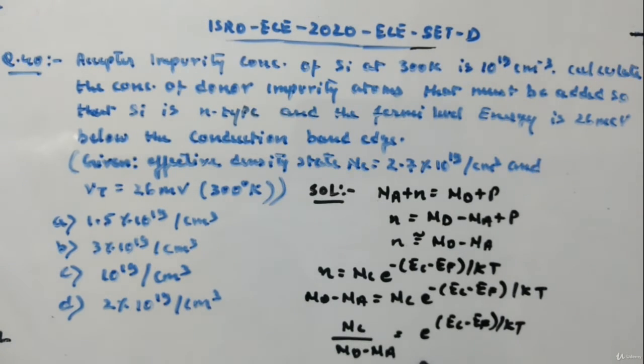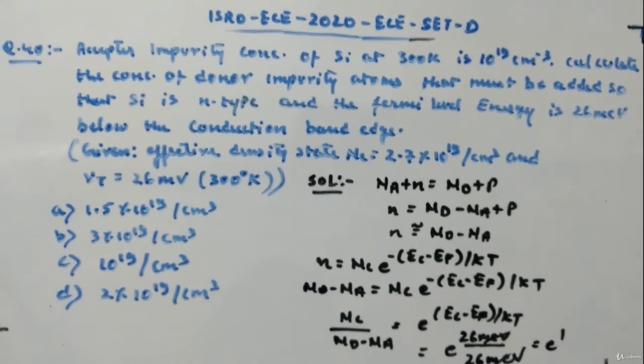And this we can write as e to the power 26 milli electron volt, and the denominator Kt we write as Kt by Q into Q, which will become electron volt. This is the volt equivalent of temperature, which is 26 milli. So electron volt will cancel, everything will cancel, and this will become e to the power 1.